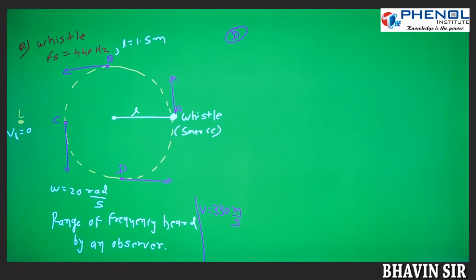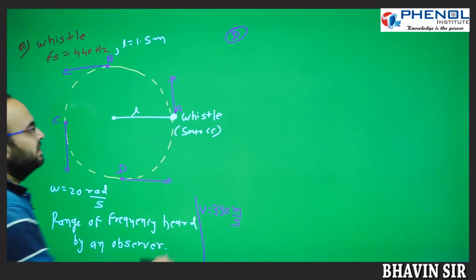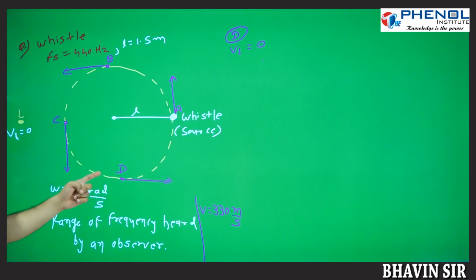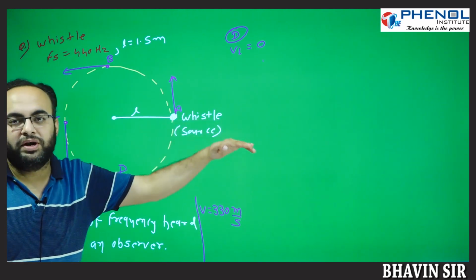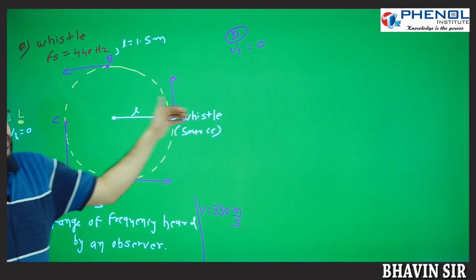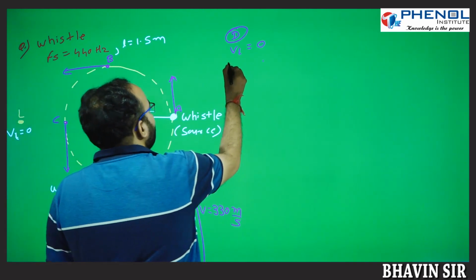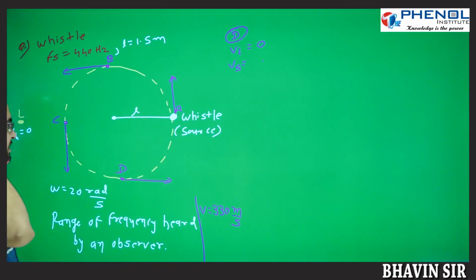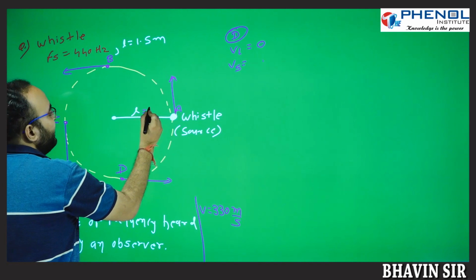Now we first consider point D. V_L is 0, students. At D the direction of velocity is from L to S, and L to S is positive. But how do we find the speed? Angular velocity and length are given, and length is equal to radius.